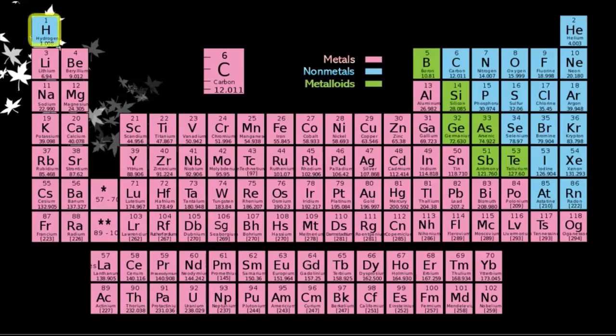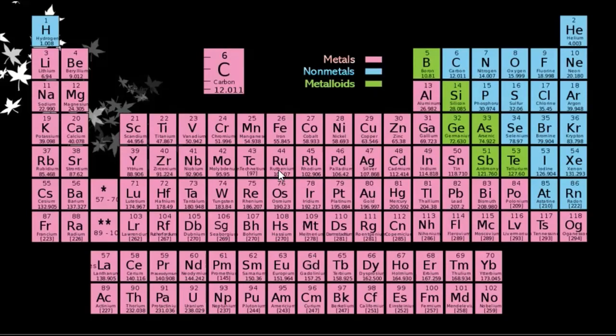This time, let's identify the difference among these three terms: atom, molecule, and ion. When we say atom, all these elements on the periodic table are called atoms or neutral elements, except for these elements called diatomic molecules.